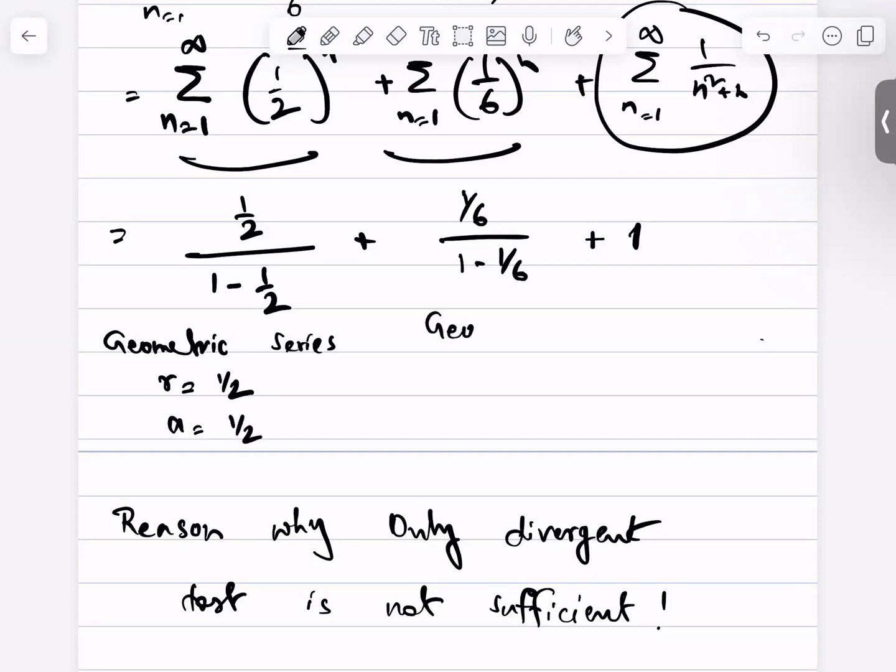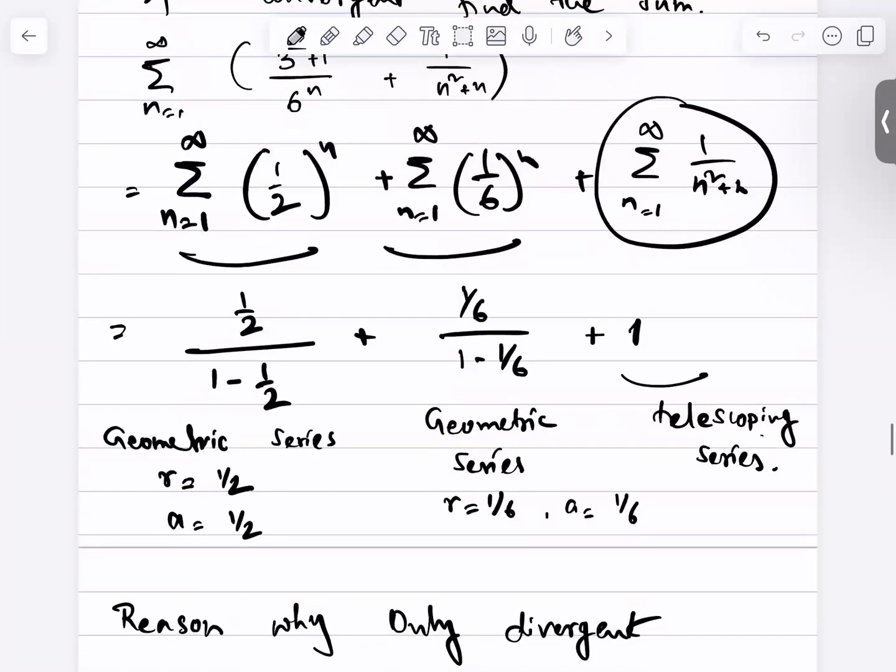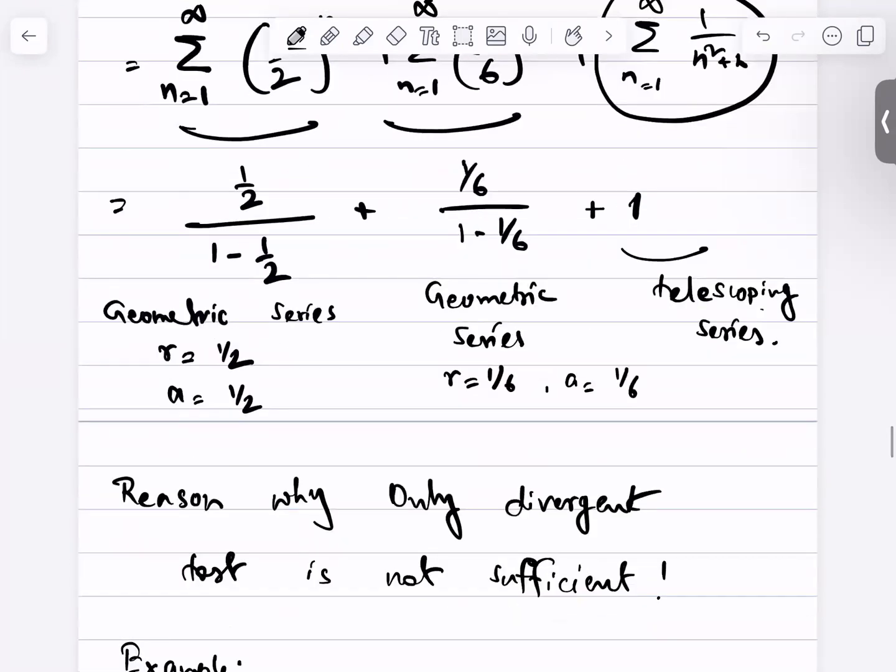This is also a geometric series where r is 1 over 6 and the first term is also 1 over 6. And this is basically a telescoping series. I guess you can figure out how I get the sum like this. And you just calculate the sum, you'll get the answer where the series converges.